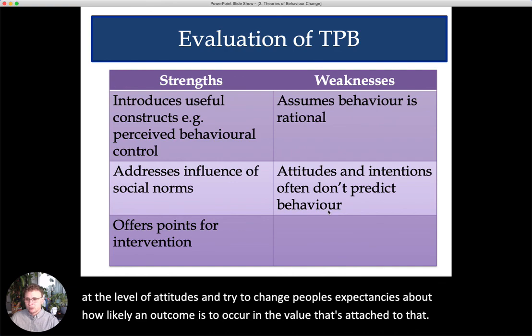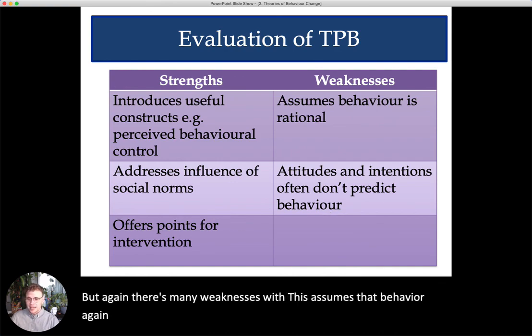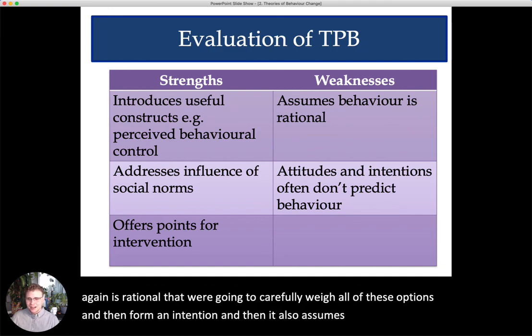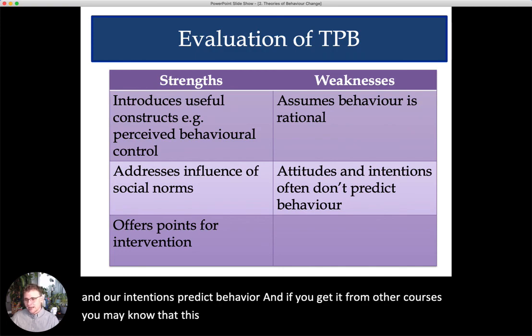But again, there's many weaknesses with this. This assumes that behavior, again, is rational, that we're going to carefully weigh all of these options and then form an intention. And then it also assumes that our attitudes and our intentions predict behavior. And if from other courses, you may know that this is very often not the case. Again, I think exercise is a great example.